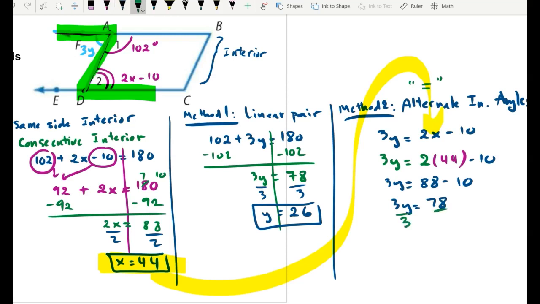Then we divide by 3 on both sides. y equals 26, and that matches our answer from earlier.